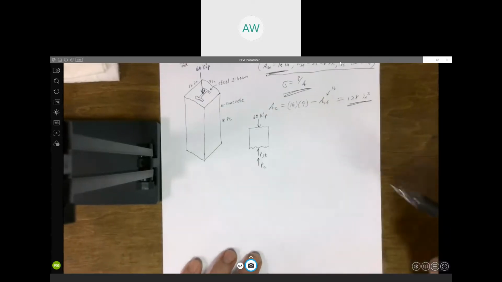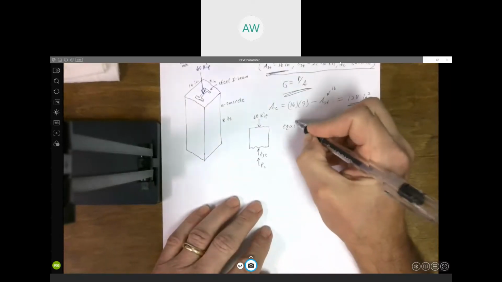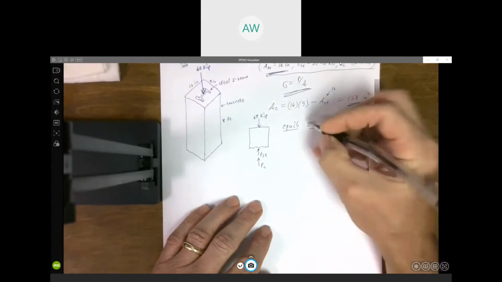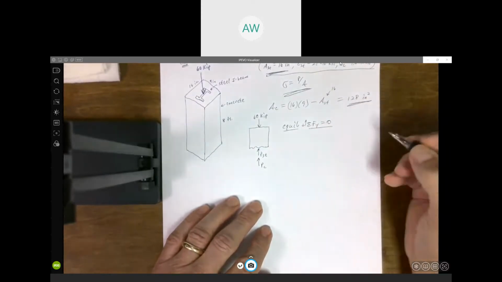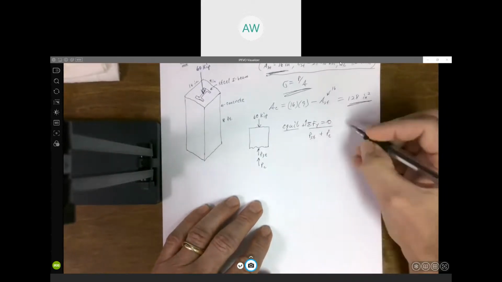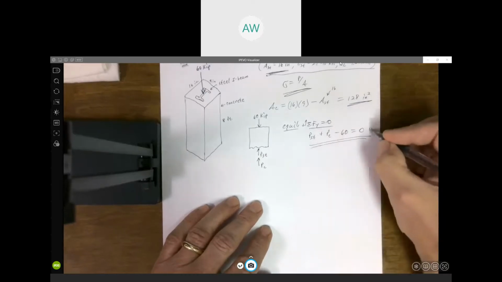We can't get that from equilibrium. The only thing we can get from equilibrium, with the sum of the forces in y equal to 0, if we take positive up, is the force in the steel plus the force in the concrete minus 60 is 0. Right?